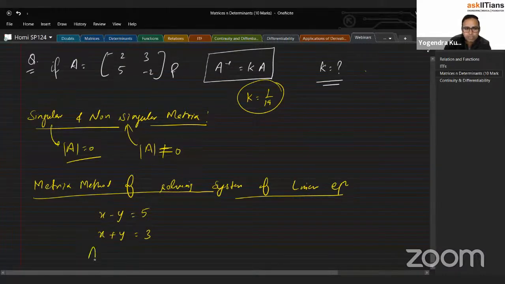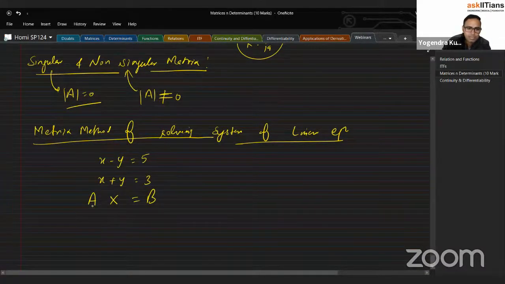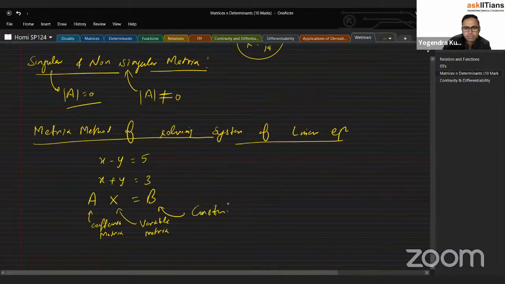We write it as AX equals B. Here A is the coefficient matrix, X is the variable matrix, and B is the constants matrix.